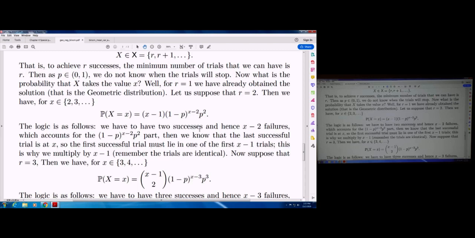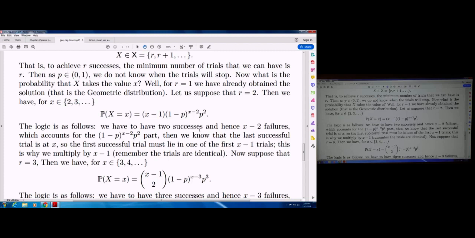So for example, let's say r is 2, so I flip the coin, first time I get a head, with probability p. Then if I realize, let's say x is 4, I'll get tail, head. Okay, so that's my 4 trials. But the 4 trials could happen another way.